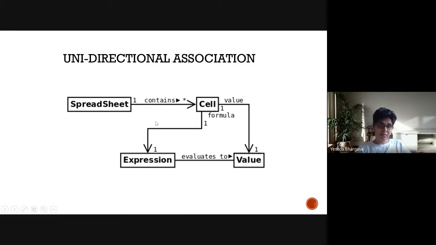And so when you talk about unidirectional association, you always try to also name the task that is getting performed. So if you see that a spreadsheet is associated with multiple cells, a spreadsheet contains cells, whereas a cell can be part of only one spreadsheet, but there is not really a backward relationship between these two.